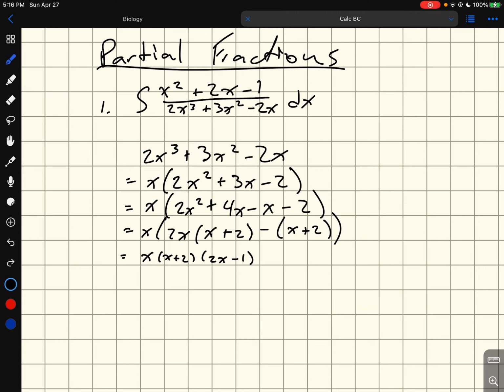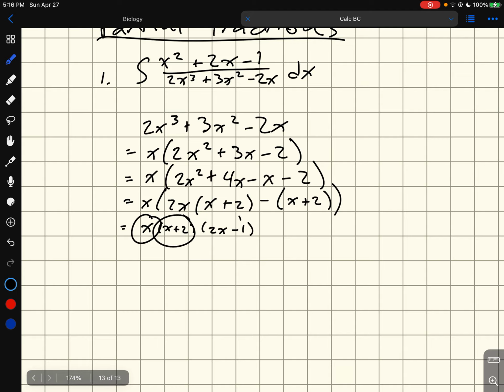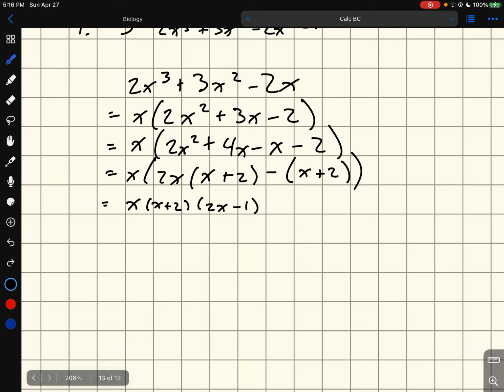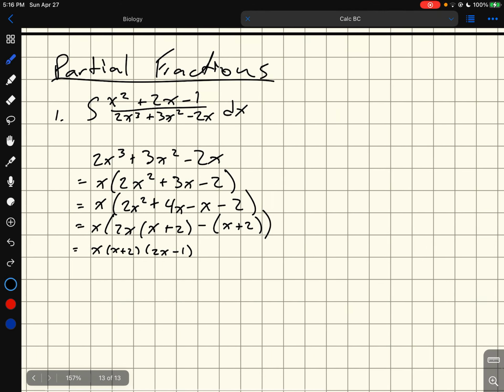Now the next step is, each of these are the denominators of one fraction. So if I draw a line here, actually I'll just put it under it. We're going to have the numerators be called just A, B, and C. So A goes over this first factor, and then B goes over the second, and C goes over the third.